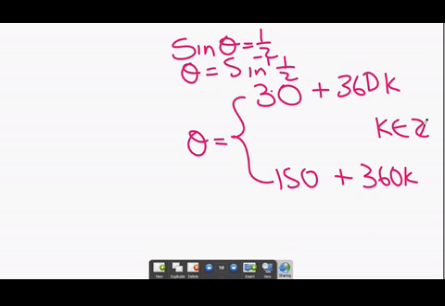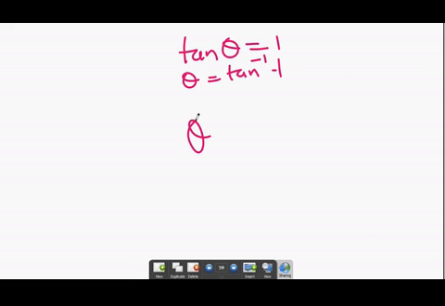Now let's look at the last aspect, which is the general solution for tan. If I am given tan theta is equal to 1, for instance, which means theta is equal to tan inverse of 1, that would give me an answer for theta which is equal to 45.